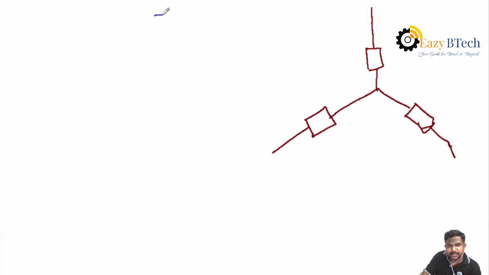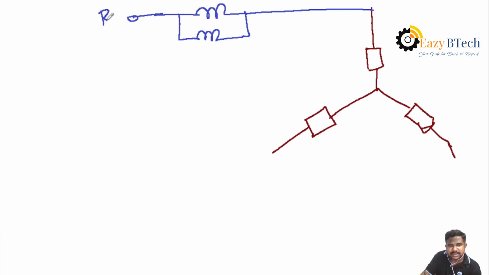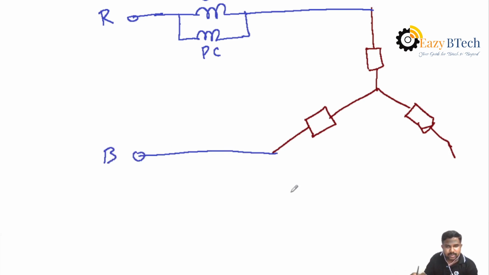In that R phase, I am connecting one wattmeter. We know a wattmeter consists of two coils. One is the current coil and the other one is the pressure coil. This is the current coil and this is the pressure coil, and also this is phase Y, and the third one phase B.